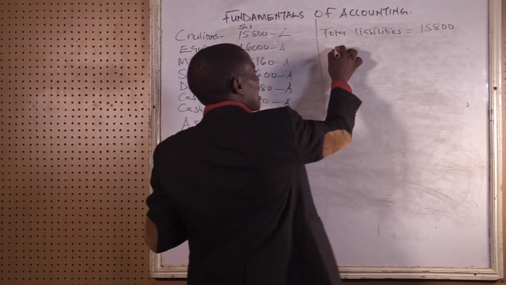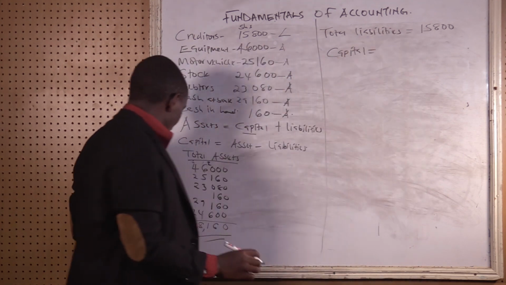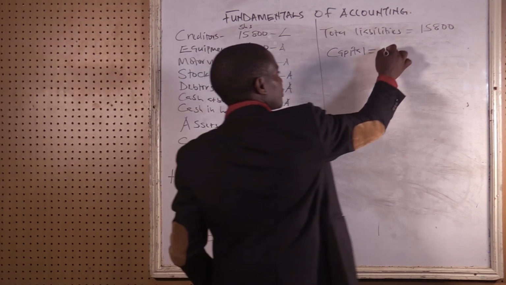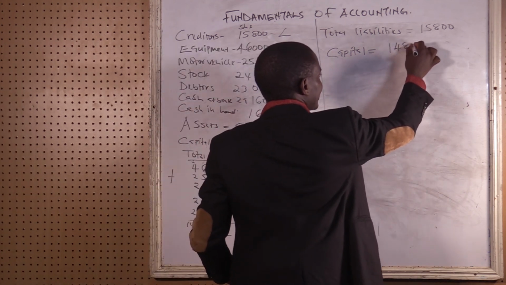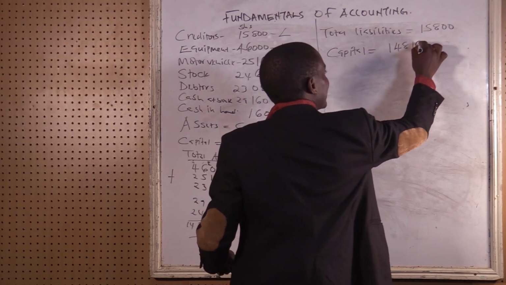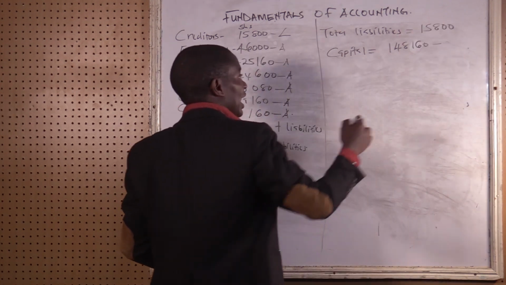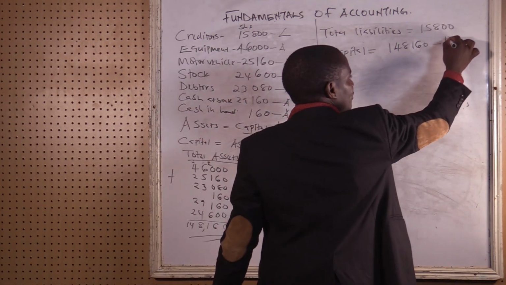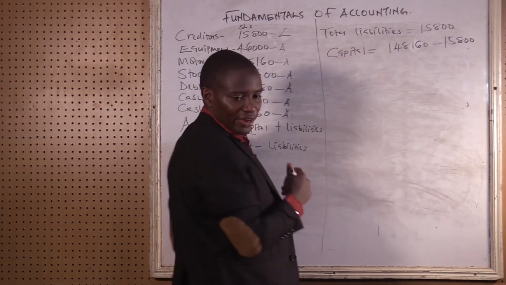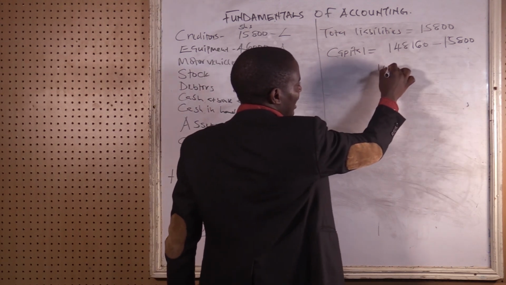So capital is equal to total assets, 148,160, subtract 15,800. Because I don't have a calculator, we can write it in a columnar format so that we can get the values.